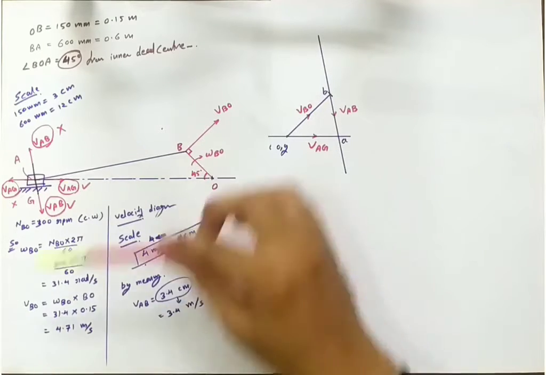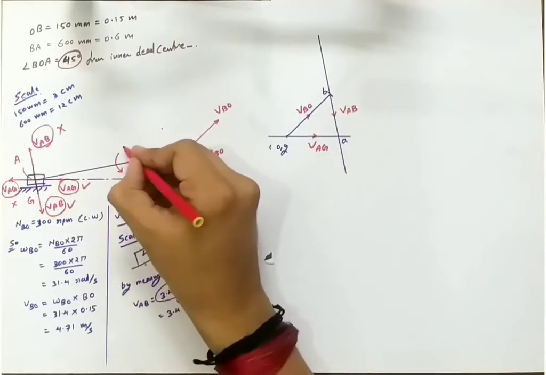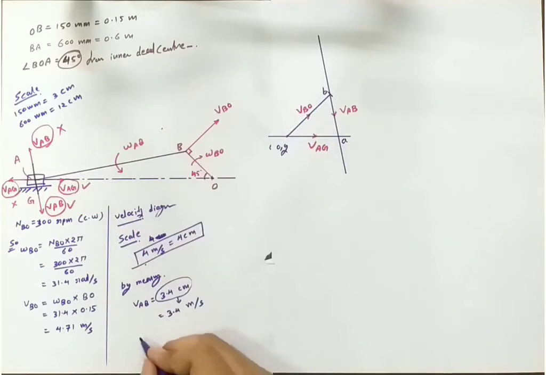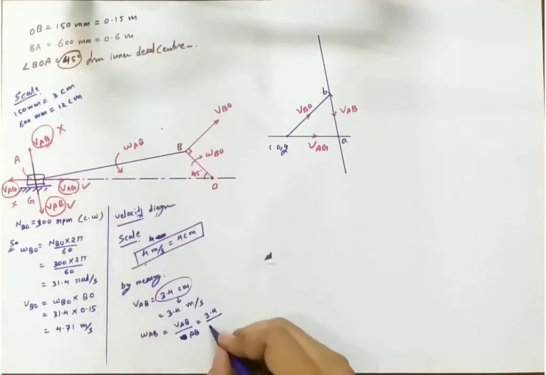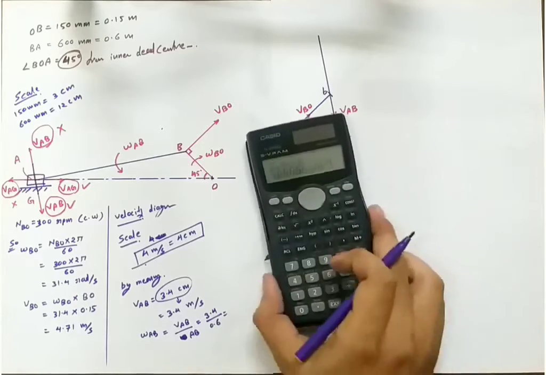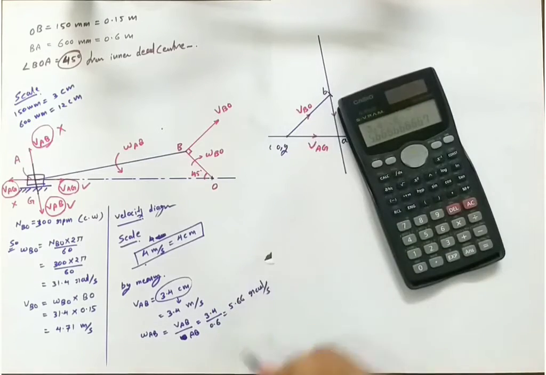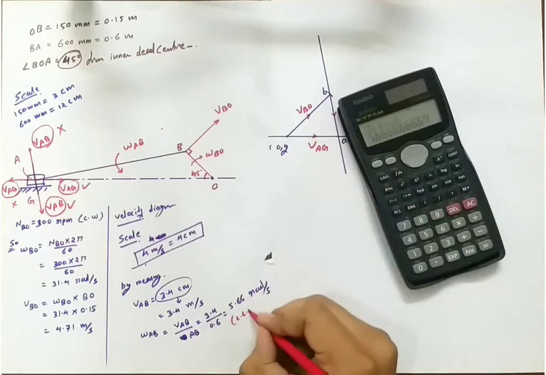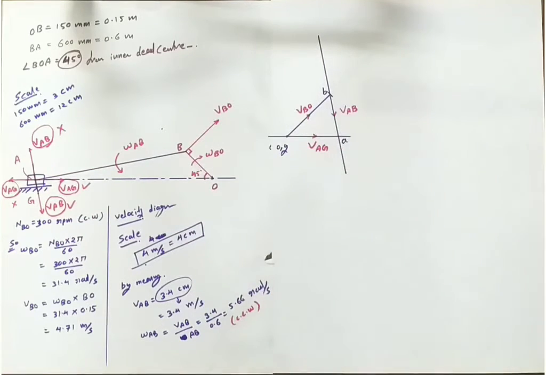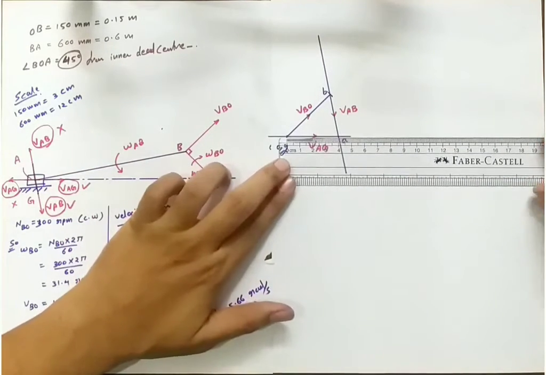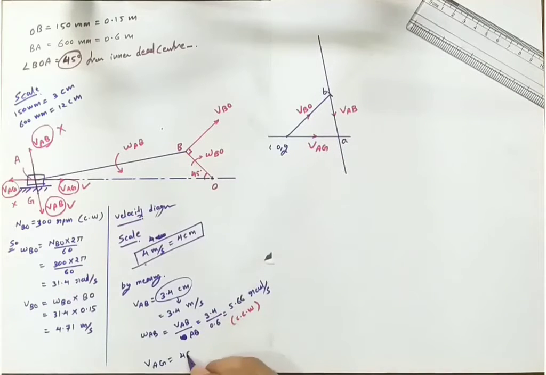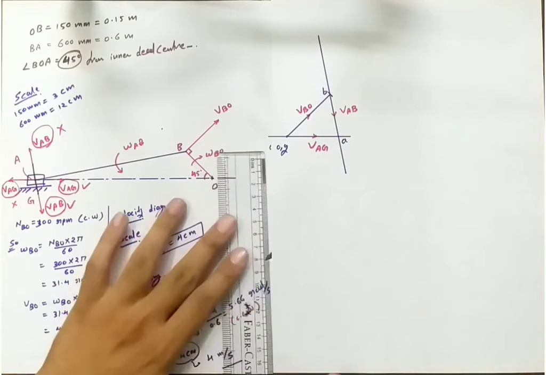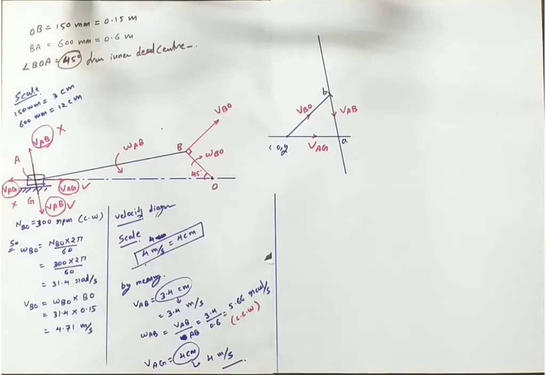According to the prediction, we got the right prediction, and the omega AB is velocity per length, and that is 5.66 radian per second in counterclockwise direction. Next, that is VAG. By measuring, this is equal to 4 centimeter, so simply this is 4 meter per second. So we got all the values of the velocities of the links.